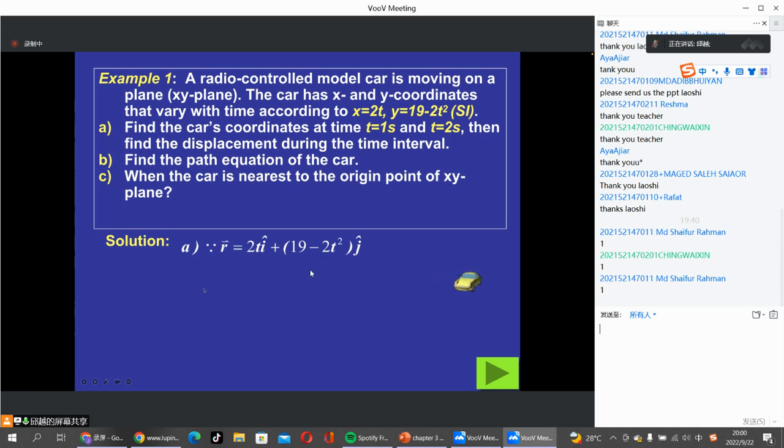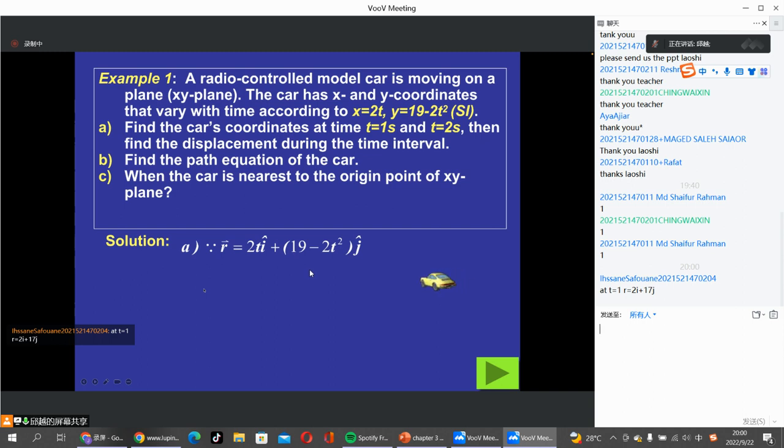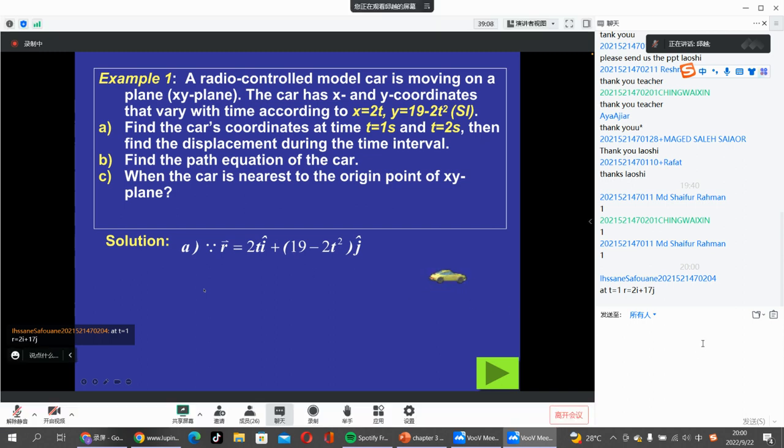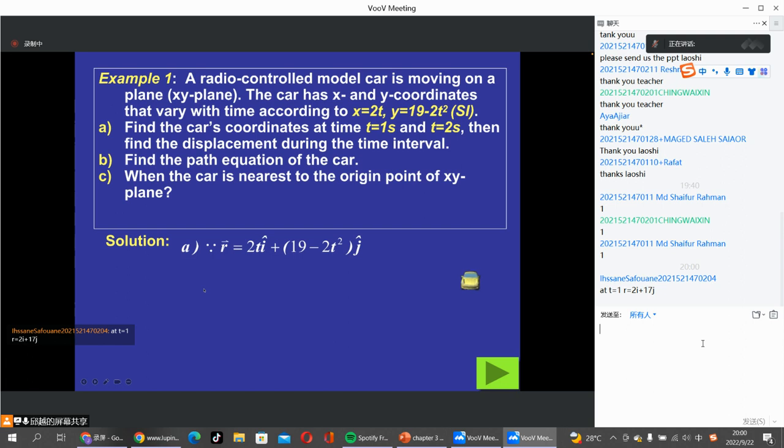As we can see, because we can rewrite. Okay, only one student has got the answer.